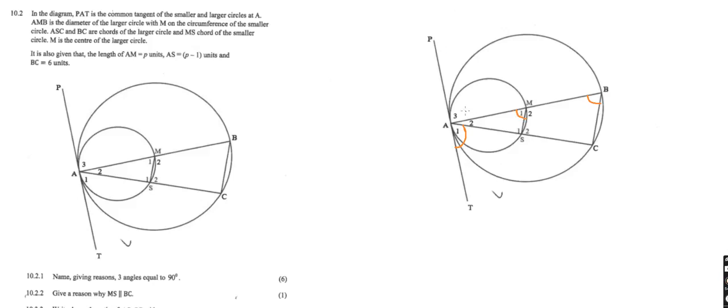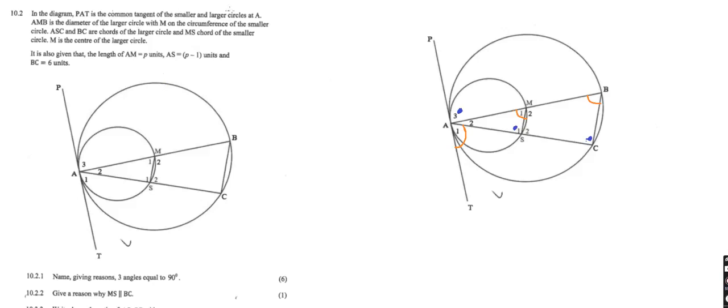But even A3, I'm going to put a dot, A3 is an angle between tangent and chord AB and AM. So A3 must be equal to the angle subtended by those chords, which is C and S1.